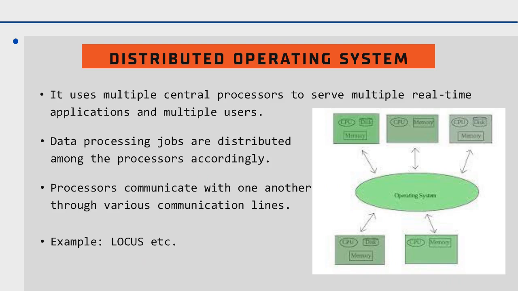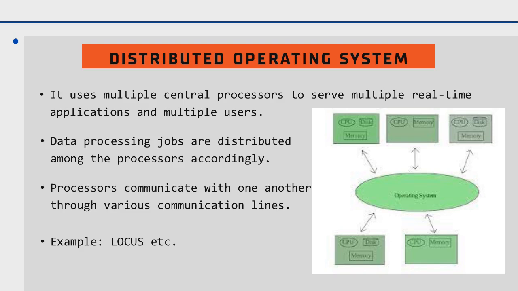Next, we have the distributed operating system. In this type of operating system, multiple processors are used to handle work for multiple users and real-time applications. Instead of one system doing all the work, the tasks are divided and distributed among different processors.